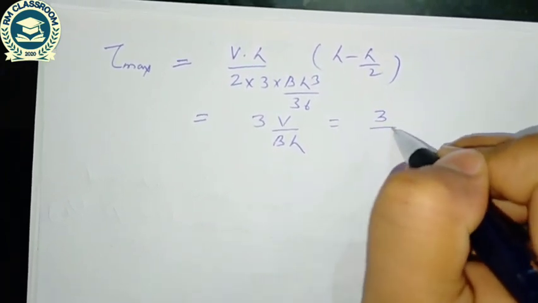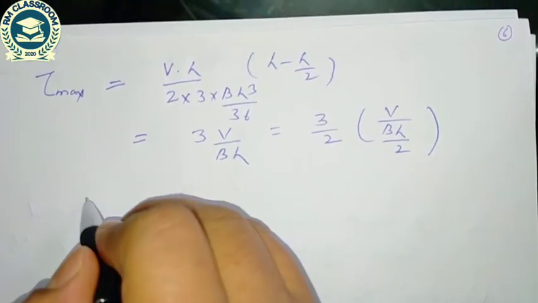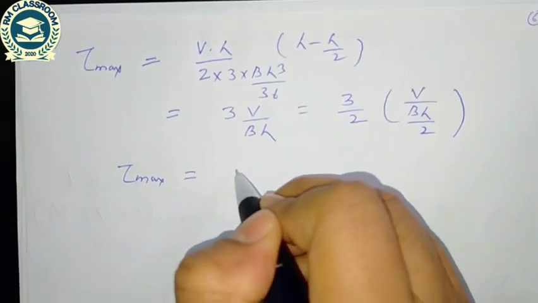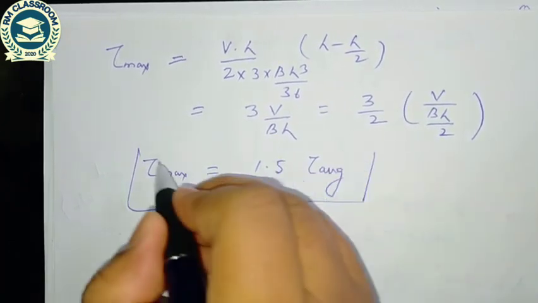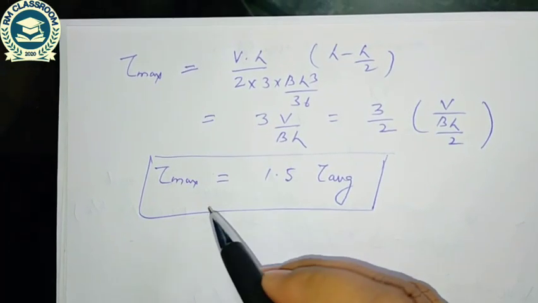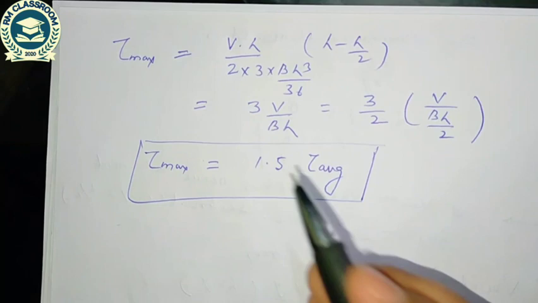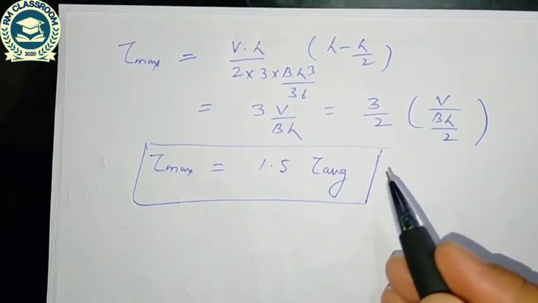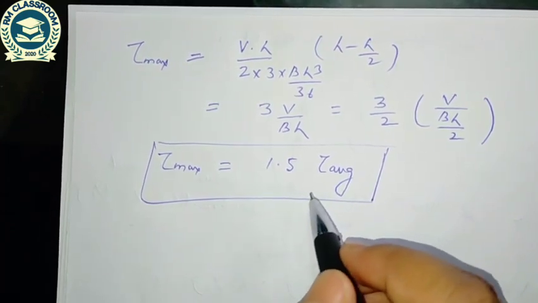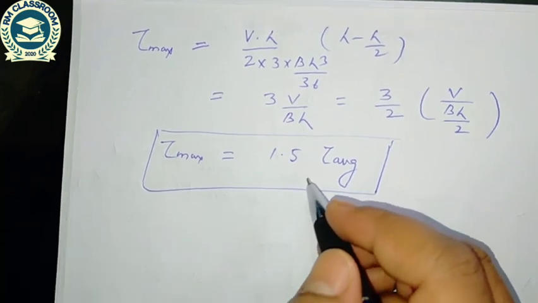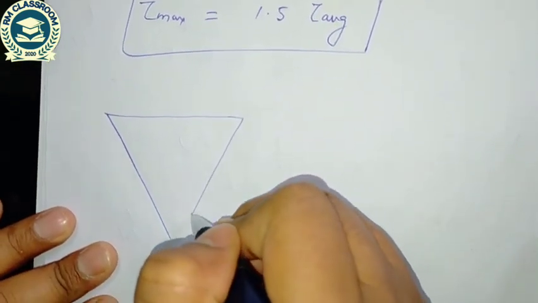So we can write 3 by 2 V upon bh by 2. So maximum shear stress is 1.5 times the average shear stress. But remember that this 1.5 ratio also comes in the rectangular section, but there the maximum shear stress occurs at the neutral axis, while here the maximum shear stress is occurring at a distance of y is equal to h by 2.